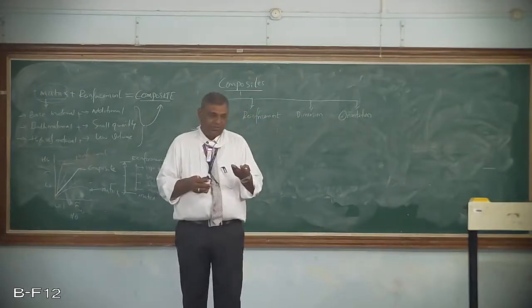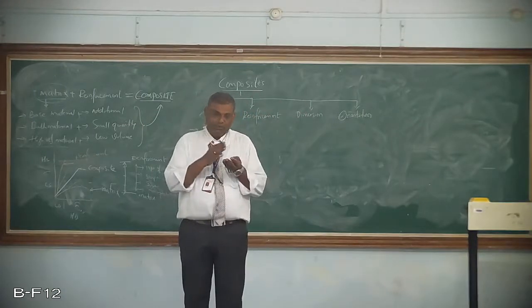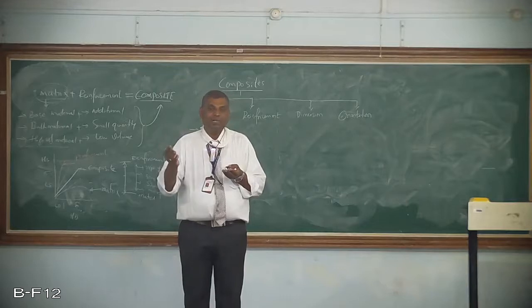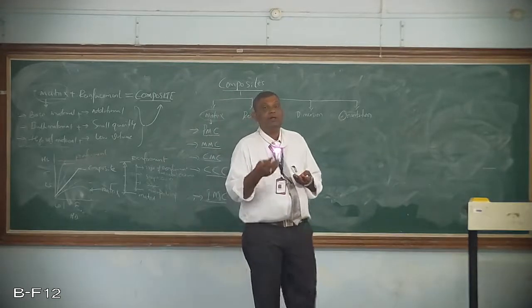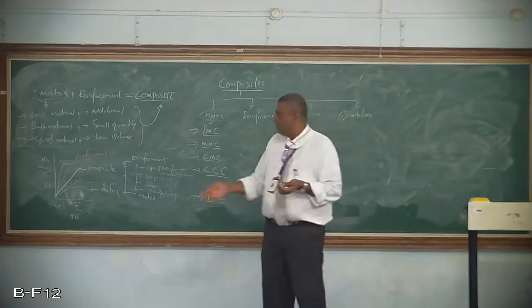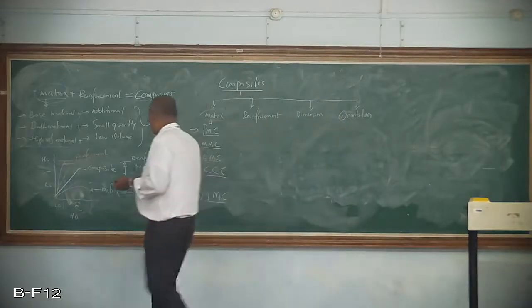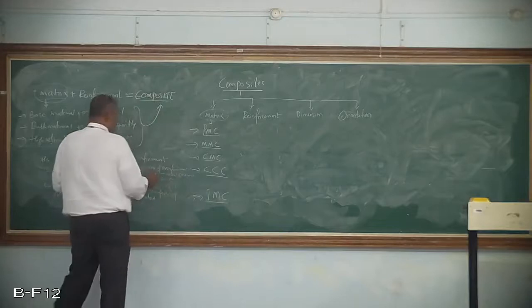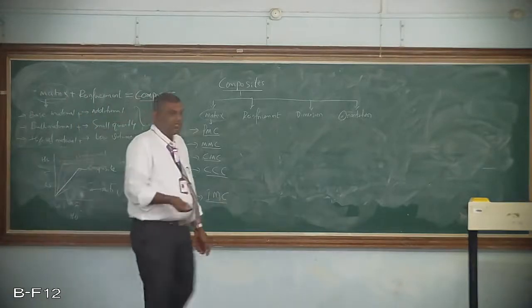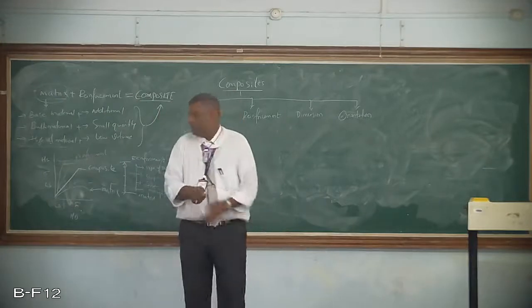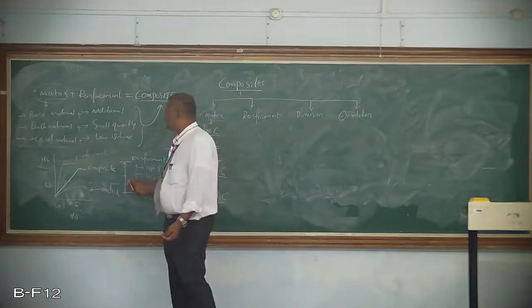If I want a property in between steel and aluminum, I can't have much variation. In composite, I can have the desired properties by these variables. That is why it is called a tailor-made material.